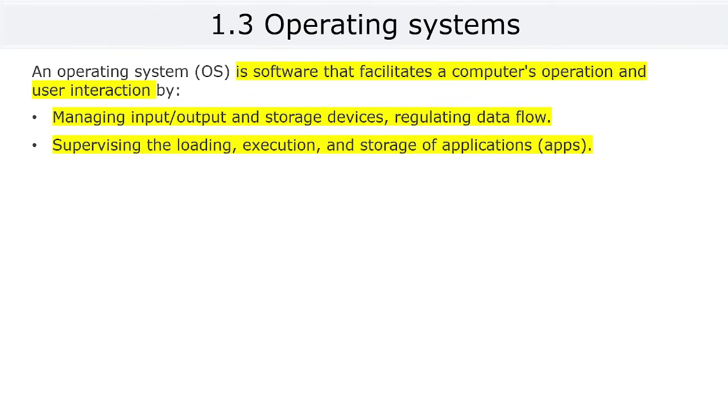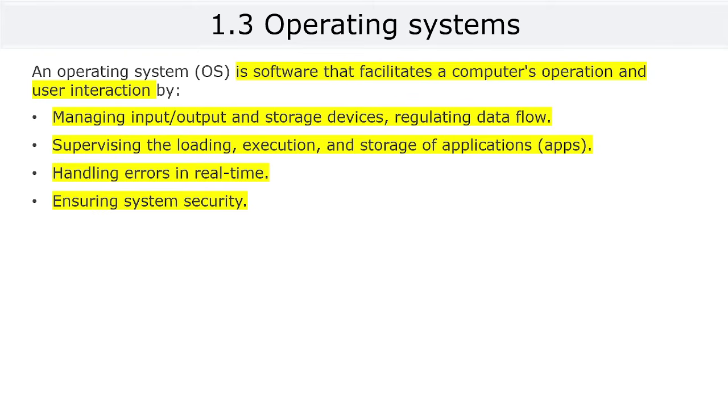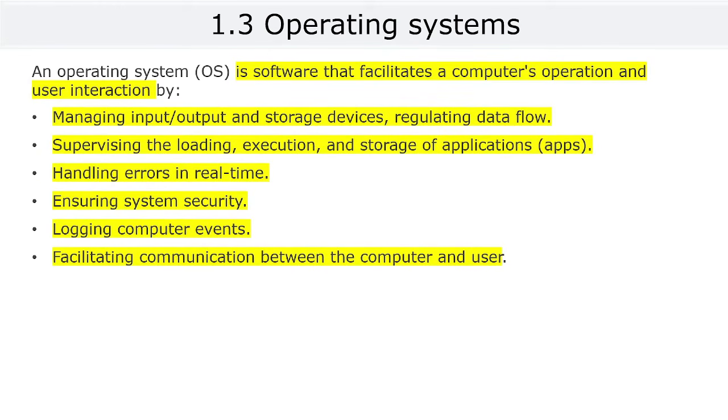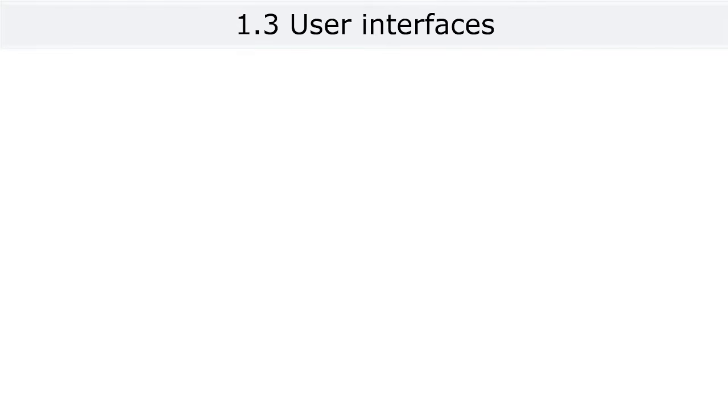They also supervise the loading, execution, and storage of applications. They handle errors in real time, ensure system security, log computer events, and then facilitate communication between the computer and its users. So basically, those are the functionalities of the operating system.